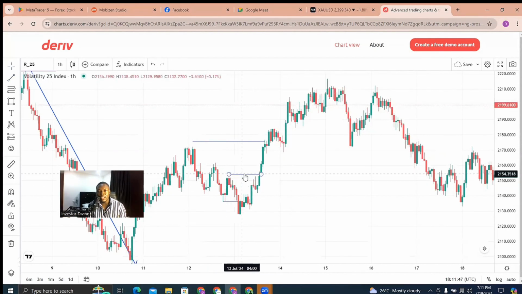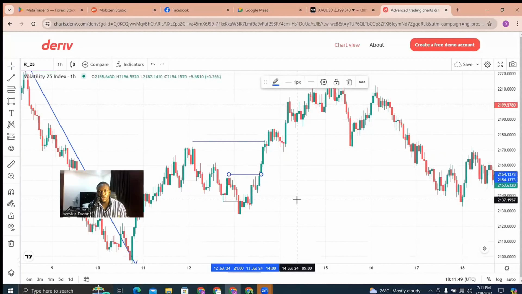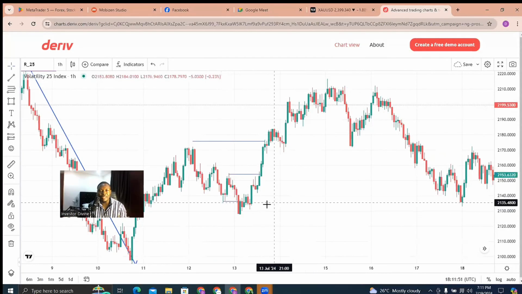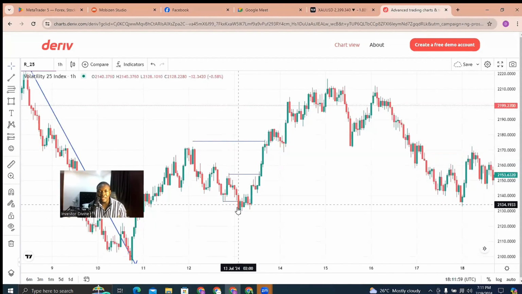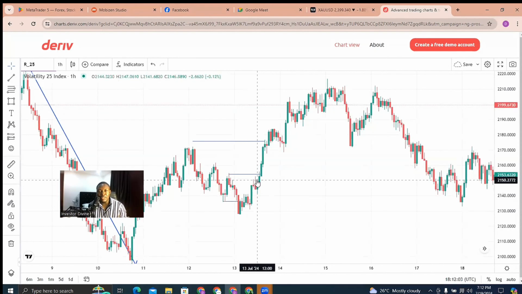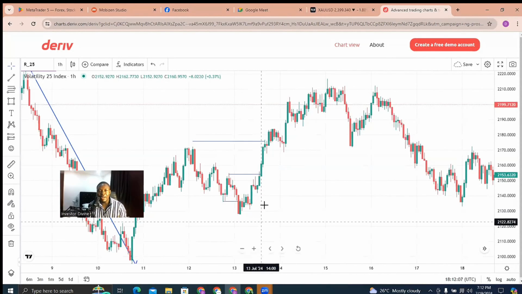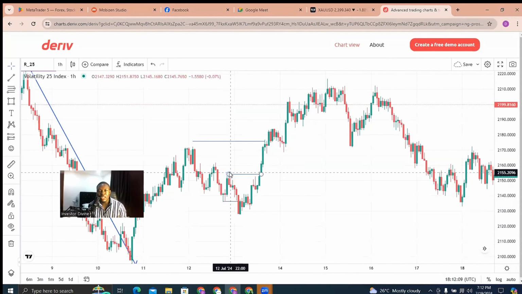Market broke structure at this point. And what do I mean by market breaking structure? You can see the previous lower low has been taken out, just like this. But after the market took out this lower low, instead of printing a lower high then continuing the movement to the downside, the market took out the previous lower high.